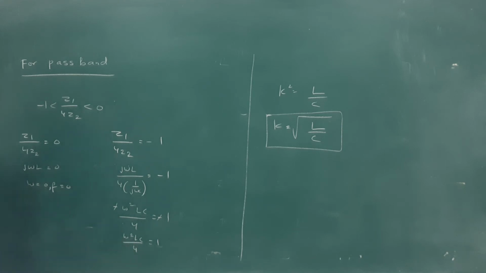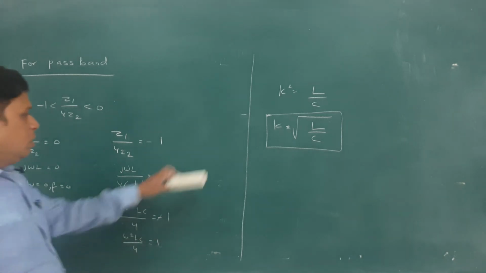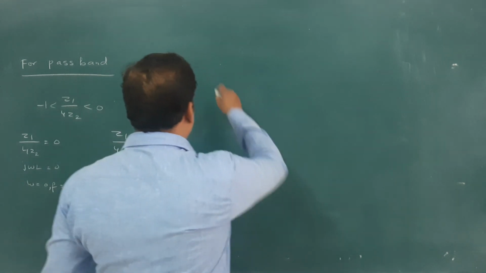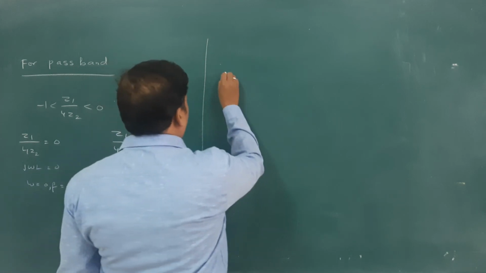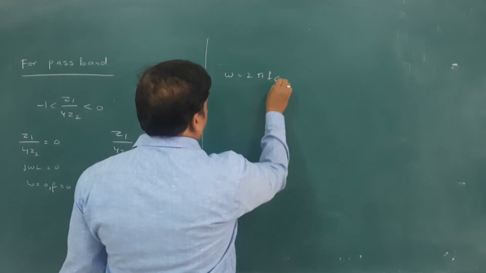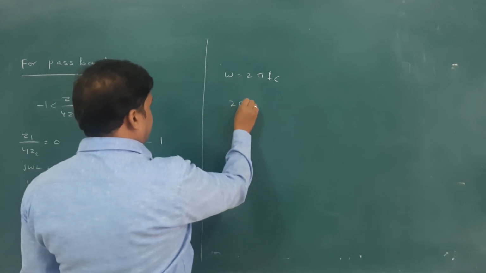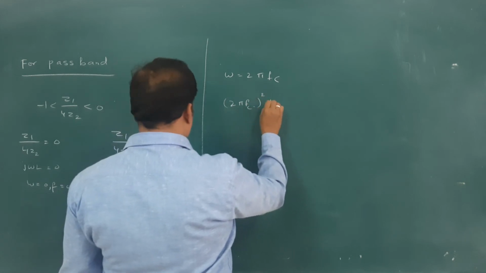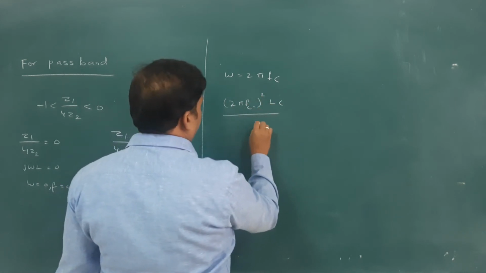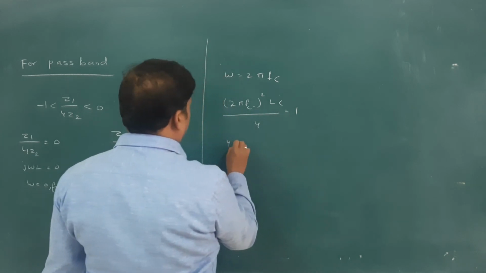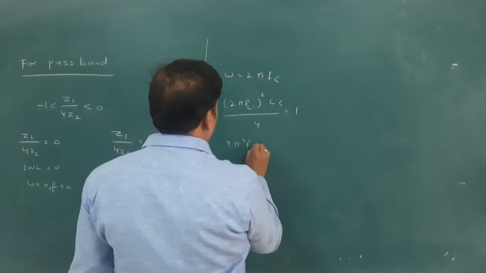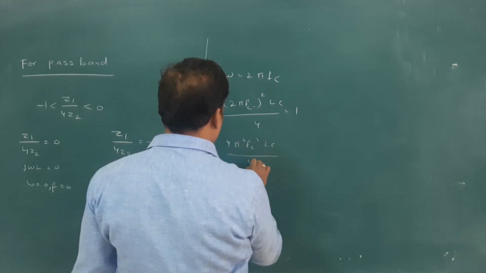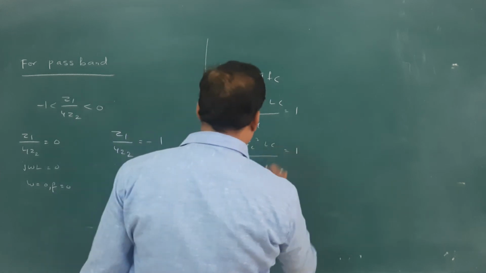From there, omega is equal to 2 pi f. If omega is equal to 2 pi fc, from where we can get the cutoff frequency, then substituting here, 2 pi fc whole square into LC divided by 4 is equal to 1. That is 4 pi square fc square LC by 4 is equal to 1.